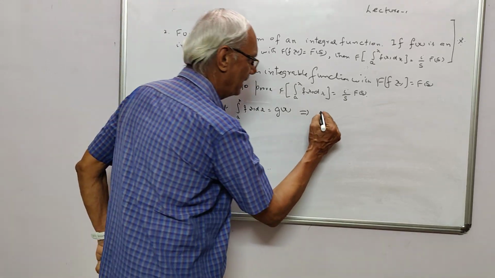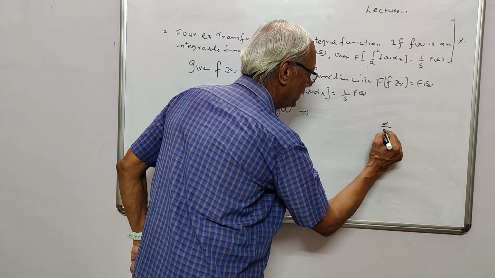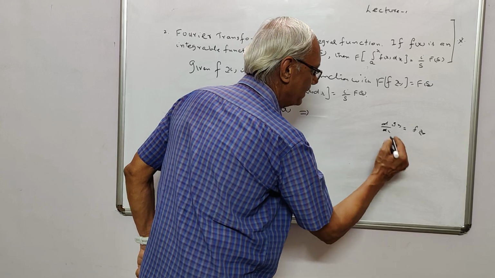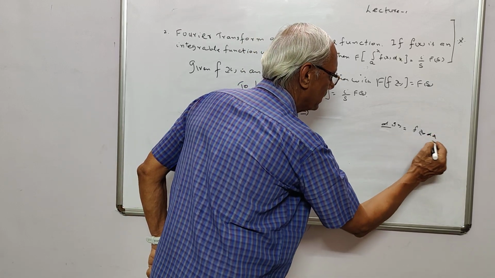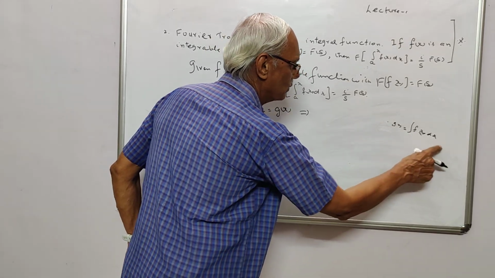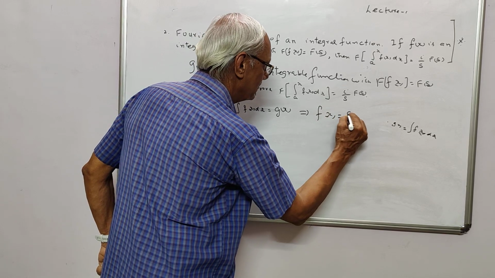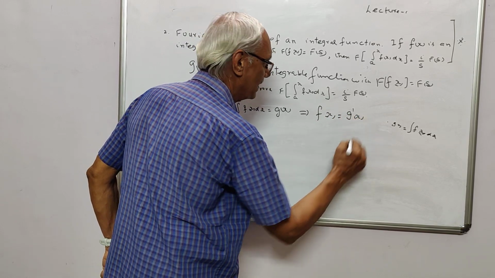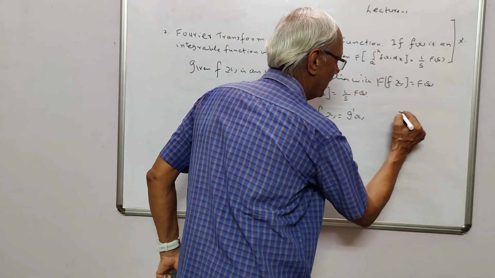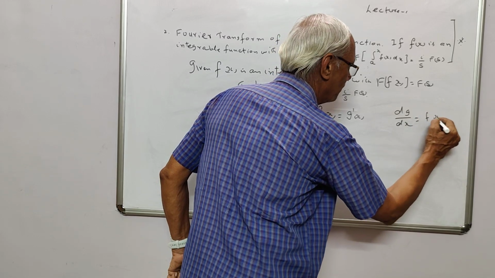So this implies that d by dx of g of x is equal to f of x. So you go for cross multiplication, so this integral will be equal to your g of x. So this implies that your f of x is equal to g dash of x, the first derivative. I will explain this. Actually, what happens is that dg by dx is equal to f of x.